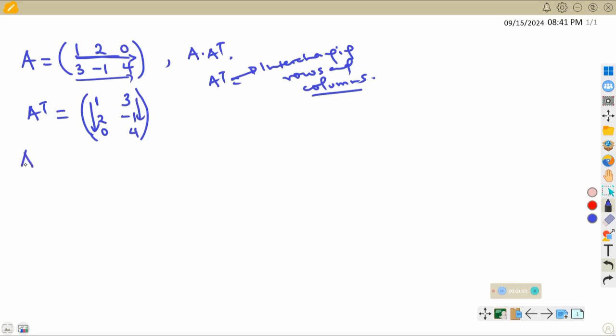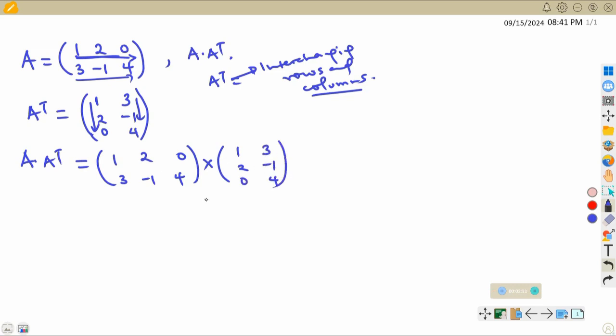So let us get A times A transpose. What will that be? So we are having 1, 2, 0, 3, -1, 4. We want to multiply this together with 1, 2, 0, 3, -1, and 4. So clearly this is a 2 by 3, and this is a 3 by 2 matrix. So clearly the two matrices can be multiplied together.